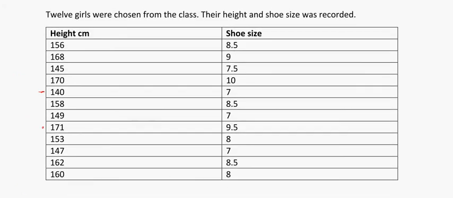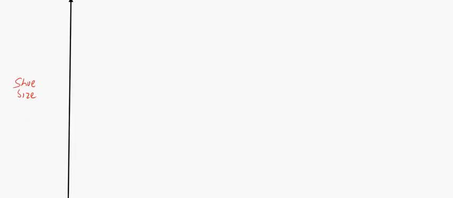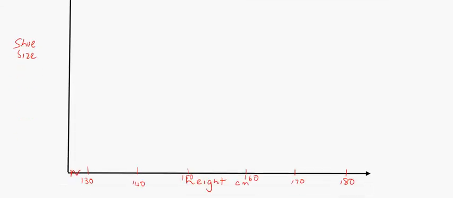So here's shoe size, and so we go back and look at the data. We see that the smallest shoe is a 7, and the biggest shoe is a 10, and they're half sizes in between. So we'll go back and put that on the vertical axis.